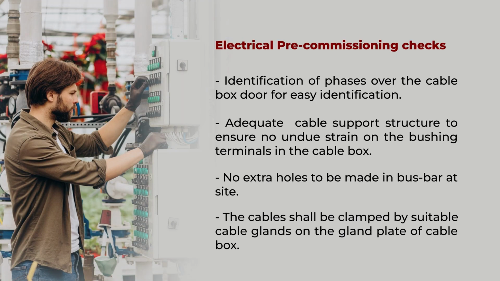No extra holes should be made on the gland plate of the cable box. The cables shall be clamped by suitable cable glands on the gland plate of the cable box.